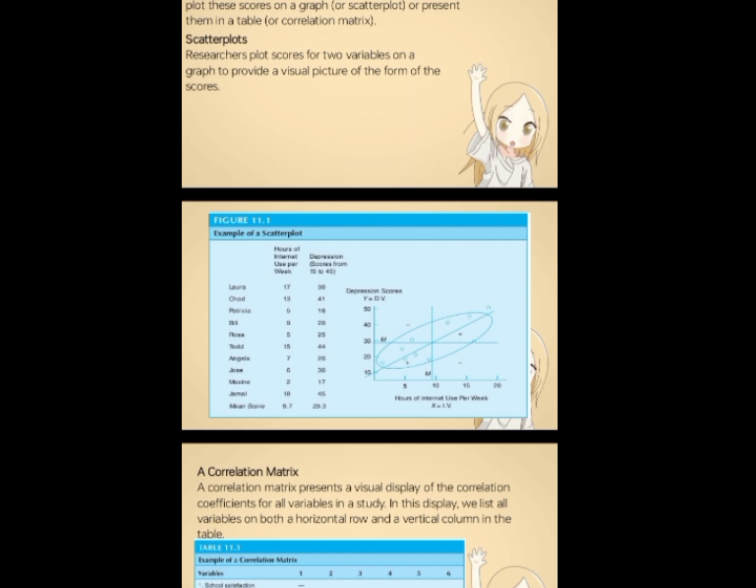An example of this can be seen in Table 11.1, which reports coefficients for the correlation of 6 variables in a study of variables associated with school satisfaction among middle school students. This shows that all 6 variables are listed in both the horizontal rows and the vertical columns. To simplify the table, the authors assigned numbers to the variables and included only the numbers in the column headings.